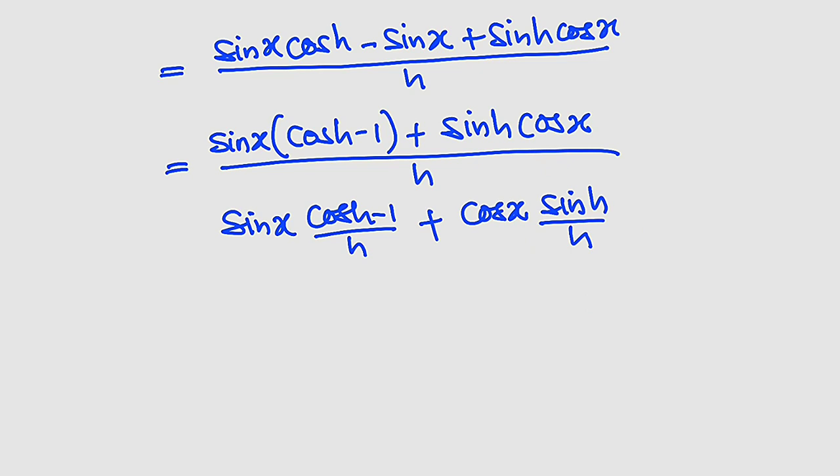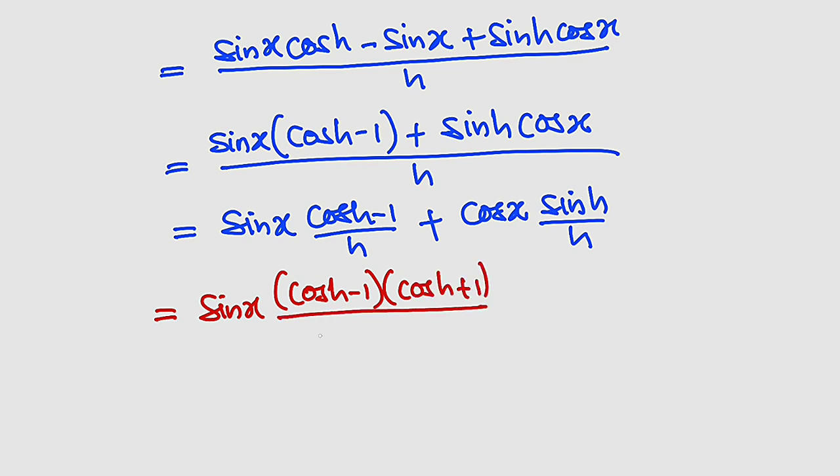So let's continue simplifying. I would like to multiply the top and the bottom by the conjugate of cos h minus 1, which is just cos h plus 1. So this is equal to sine x multiplied by cos h minus 1 times cos h plus 1, divided by h multiplied by cos h plus 1.